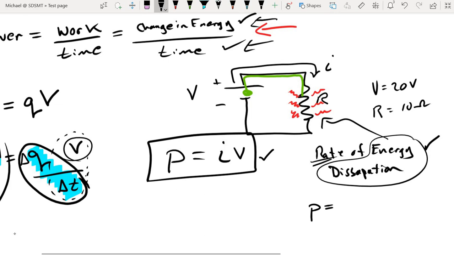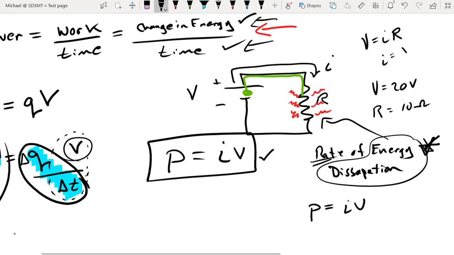The power, or rate of energy dissipation, for the resistor is going to be the current passing through the resistor times the potential of the resistor. Well, that means we need to know the current. Ohm's law, V equals IR, will tell us what the current is.